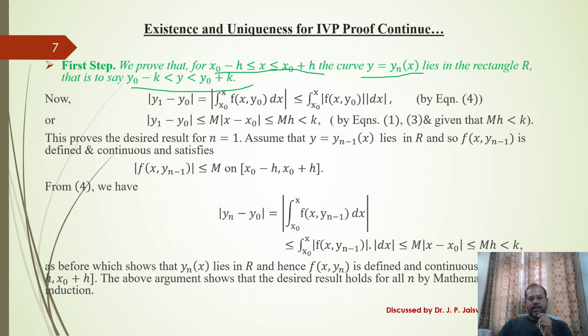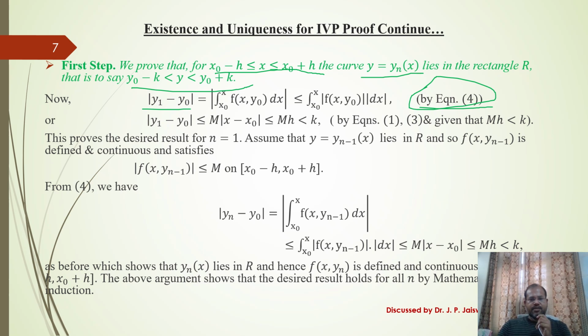So by the Picard iteration, just put n equal to 1, so the left side becomes y1 and the right side y0 we shift, then it becomes y1 minus y0, and we take mod on both sides, and this can be seen from the previous equation number 4. This is nothing but Picard iteration, and I am using here the mod of integration as I mentioned in the first theorem. If you take mod inside the integration, it will be greater, and I have just done the calculation, simply integrate.